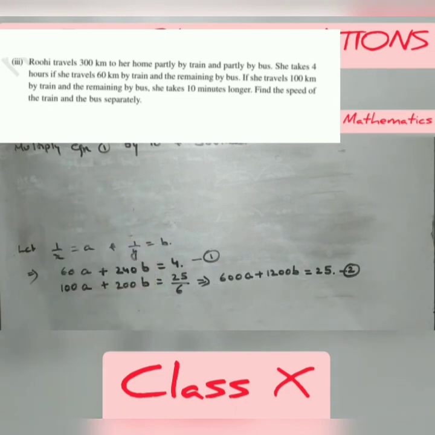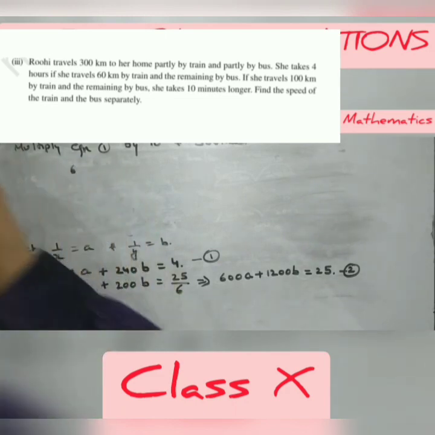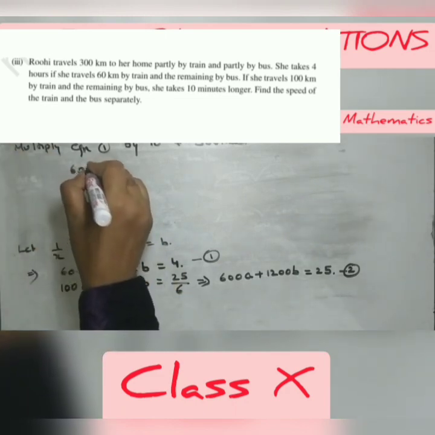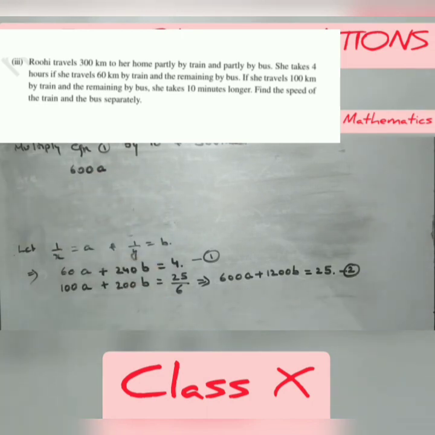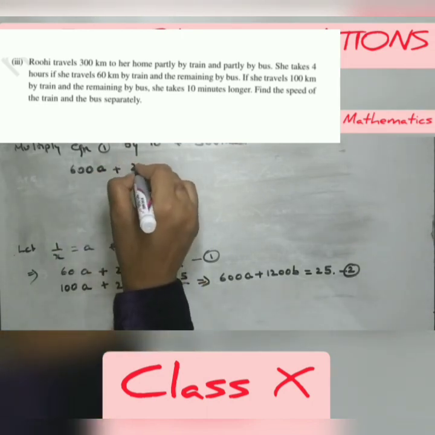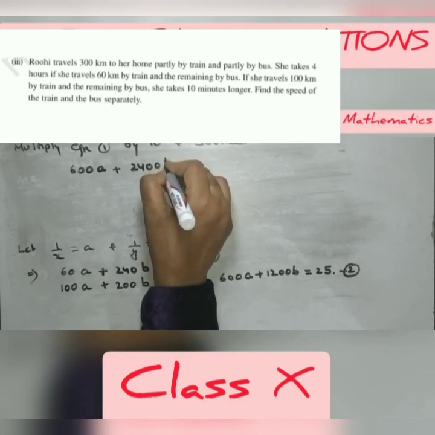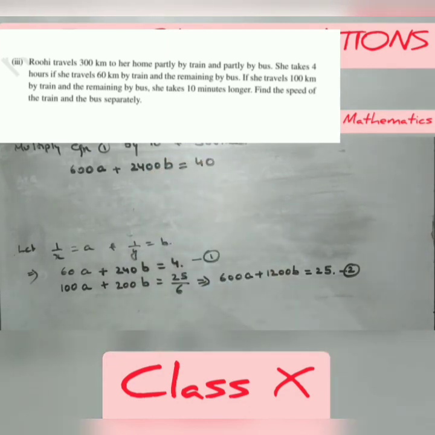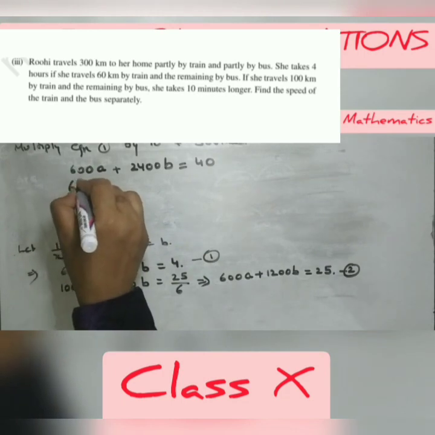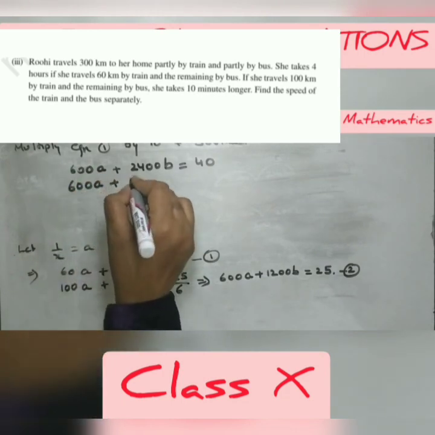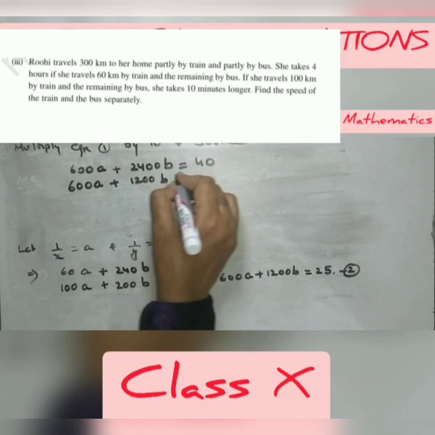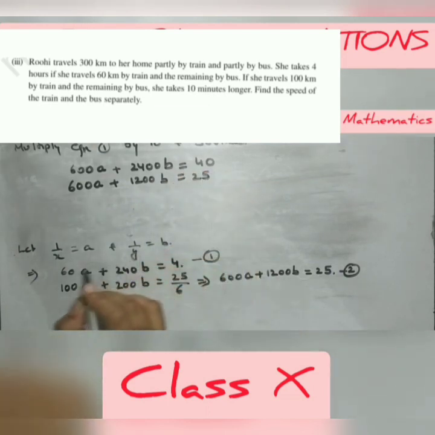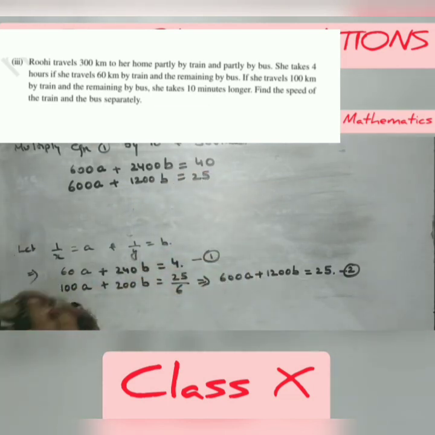If you multiply equation number 1 by 10, 60 into 10 gives you 600, 240 into 10 gives you 2400, 2400b is equal to 4 into 10, which gives you 40. Write the second equation as it is: 600a plus 1200b is equal to 25.